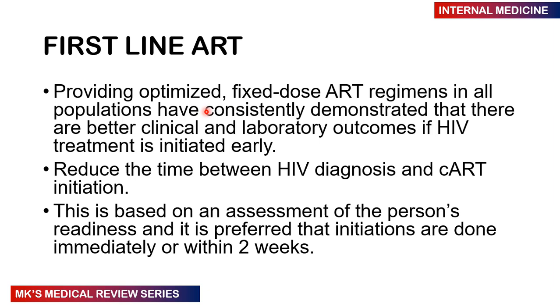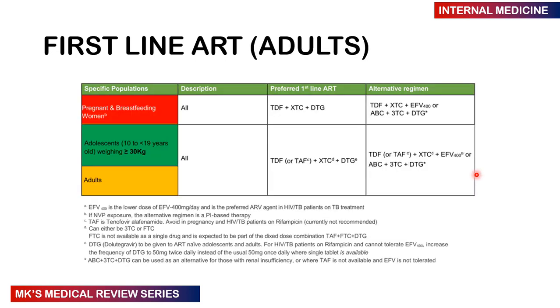We want to aim to reduce the time between the diagnosis of HIV and the initiation of combined antiretroviral treatment. Now, this is based on the assessment of the patient's readiness, and it's preferred that we initiate these patients on treatment at least within 2 weeks. So this is the first line treatment, and these are the first line drugs with the alternative regimens.